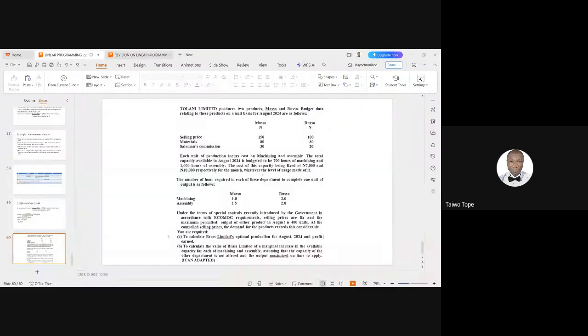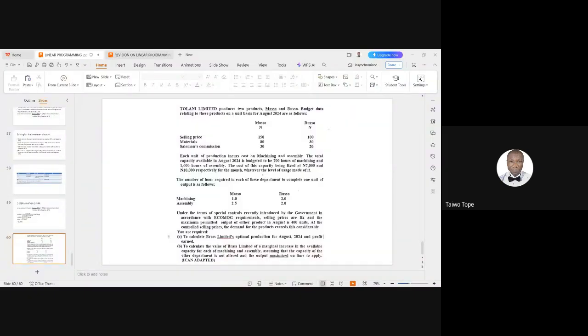It means for Meso, you can produce 400. For Russo, you can also produce 400 in August.